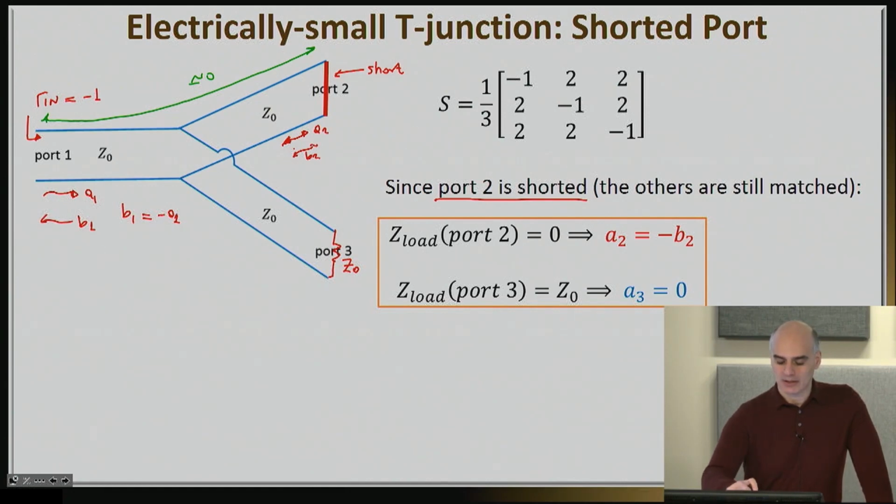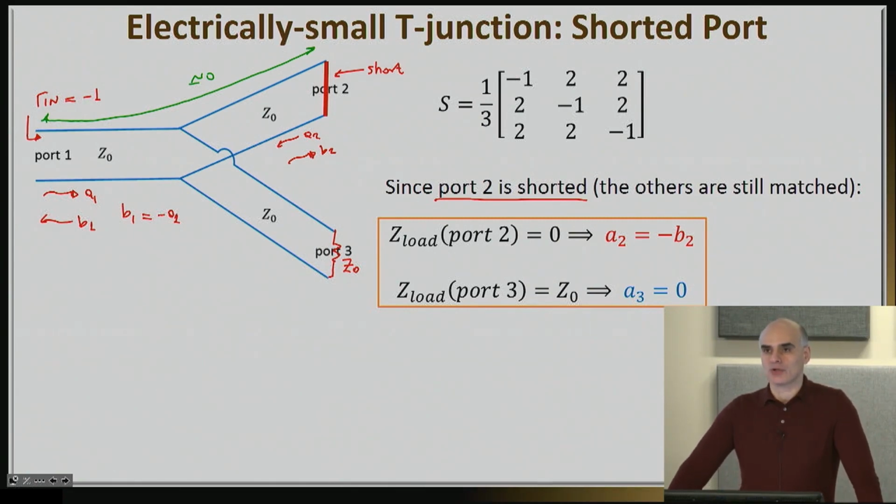So let me redraw that. So this will be my A2, this will be my B2. Because I have a short into port number 2, that means that A2 will be equal to -B2. That's the definition of having a short into port number 2.